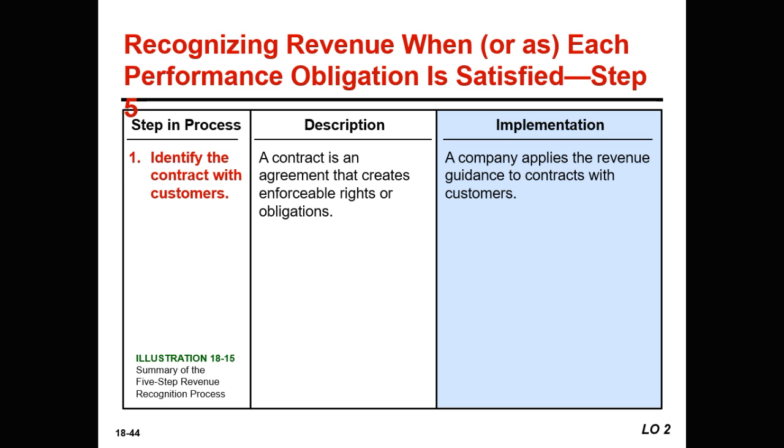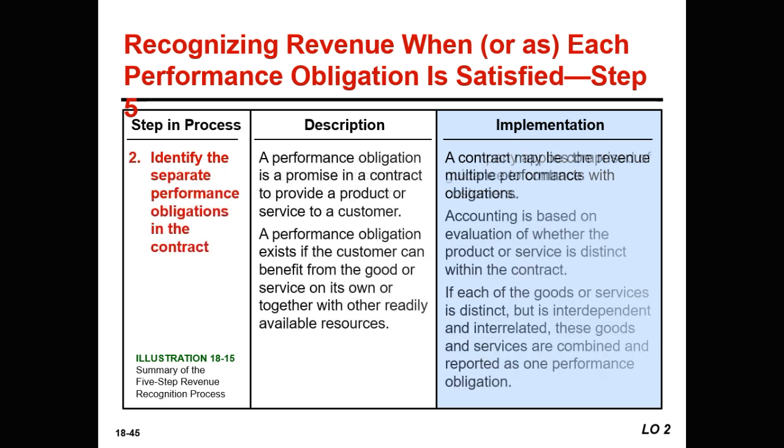We take our revenue guidance and we apply it to these contracts as they occur. We move into step 2, identifying all those separate performance obligations. There can be a lot of different obligations within one contract for one transaction price. How we account for it is going to be based on whether or not products are distinct within the contract.